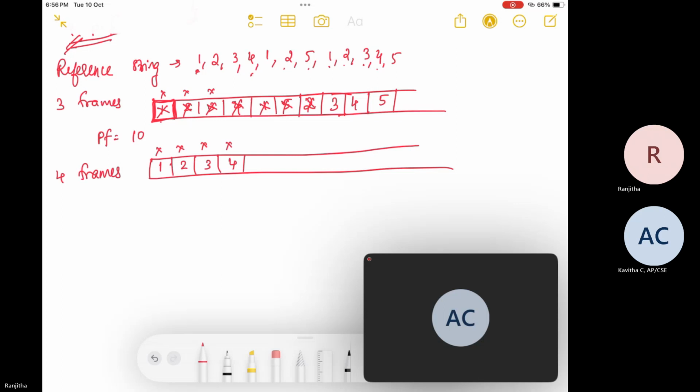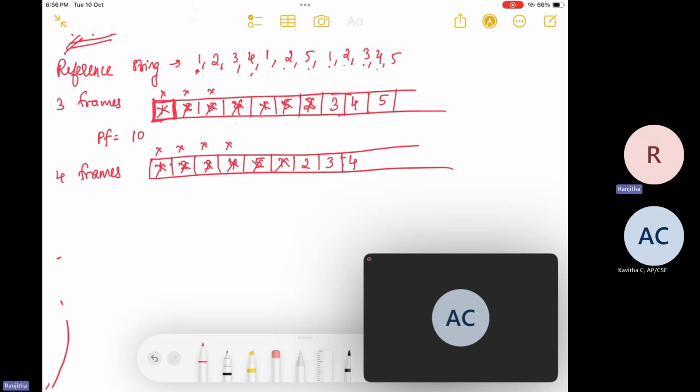Now 1 is there, 2 is there, 5 is not there, so a page fault and replacement. 1 is not there, page fault and replacement. 2 is not there, page fault and replacement. 3 is not there, page fault and replacement. 4 is not there, sorry, page fault and replacement.